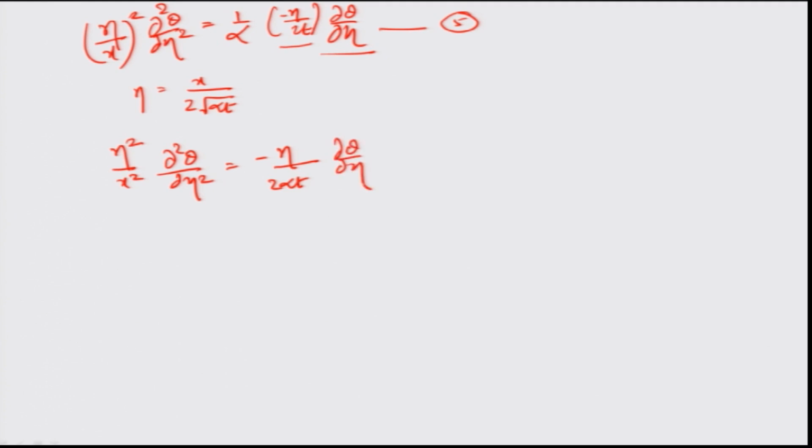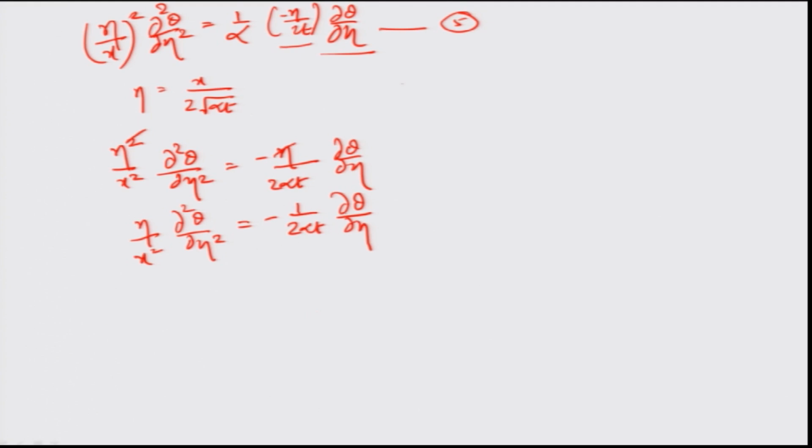Further, this eta goes away, and we are left with eta by x square on one side times del 2 theta by del eta square, and this becomes equal to minus 1 by twice alpha t del theta by del eta.